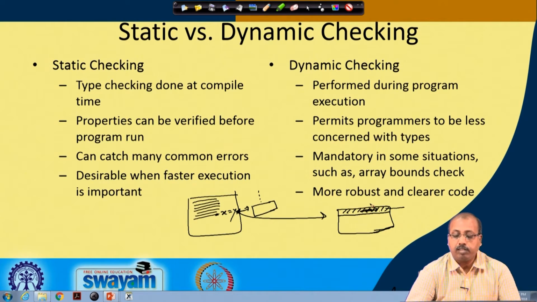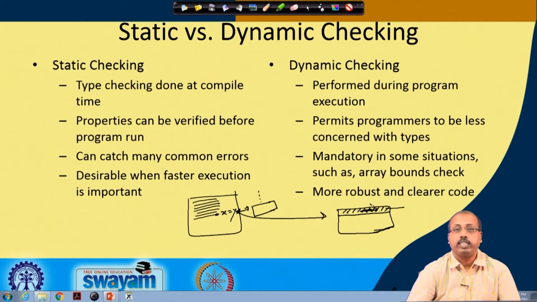However, in case of dynamic checking, this will not be done. So, it will permit programmers to be less concerned with types. Programmers can be made free. If you compare languages like C and Pascal, Pascal is strongly typed.